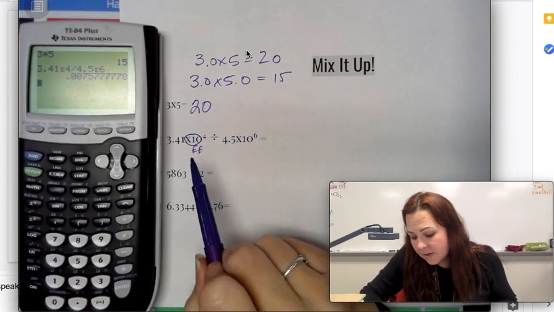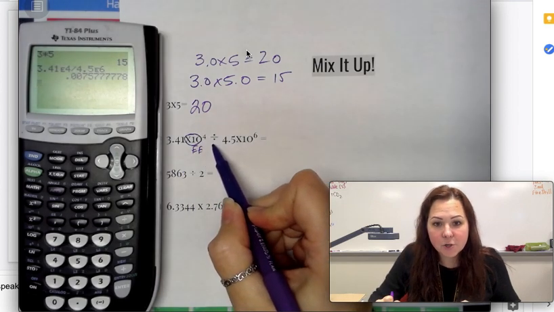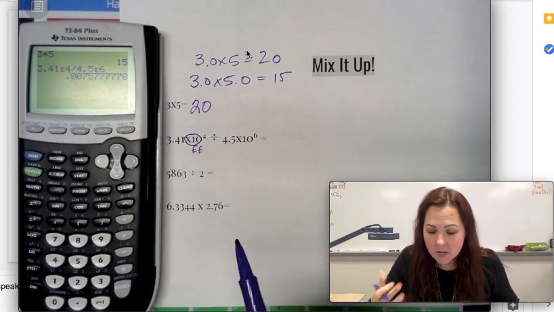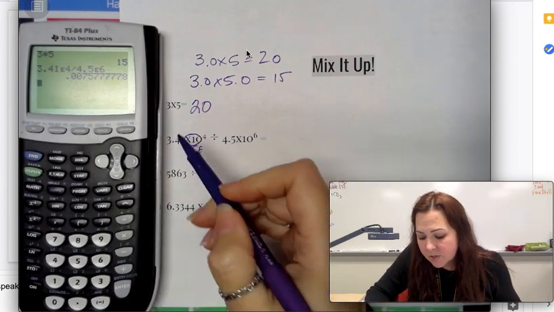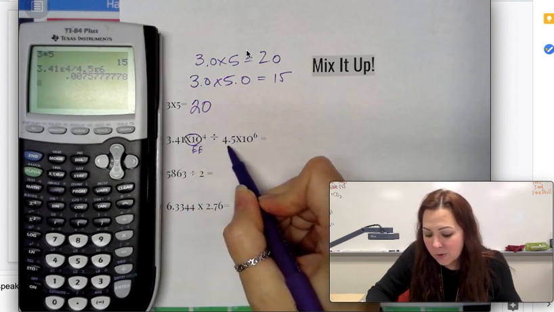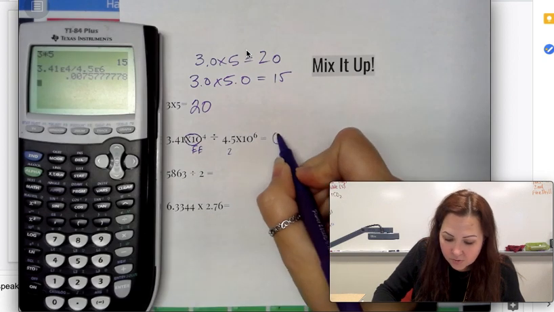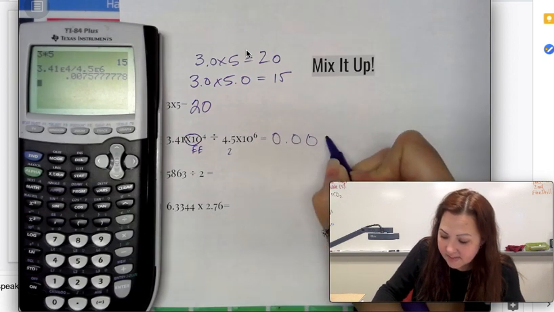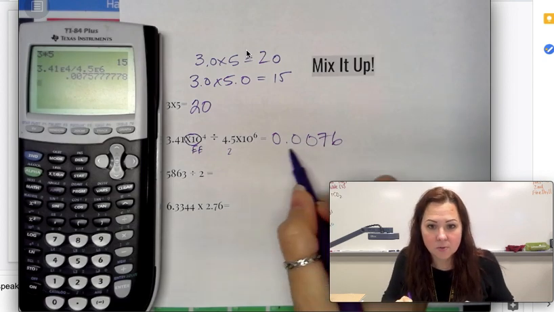Now this one, I'm doing multiplication and division. So when you do multiplication and division, you're using the least amount of SigFigs. So this one has 3 SigFigs, that one has 2 SigFigs. So you're going to only have 2 SigFigs in your answer. So you have 0.0076 is 2 SigFigs. 0 at the beginning of a number never counts.